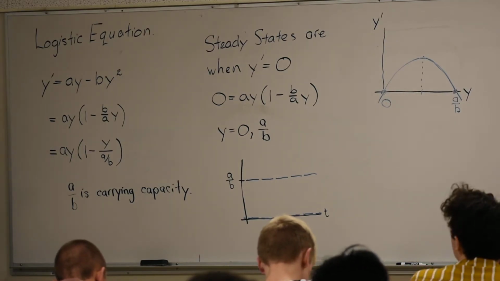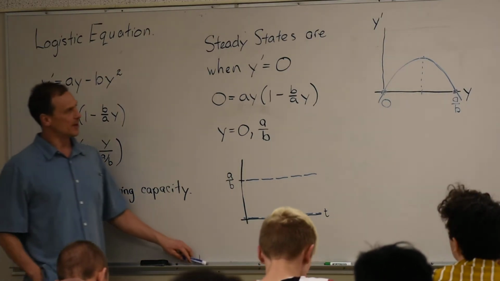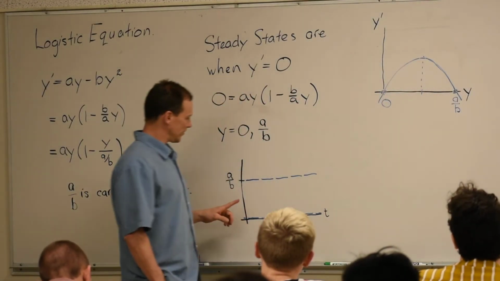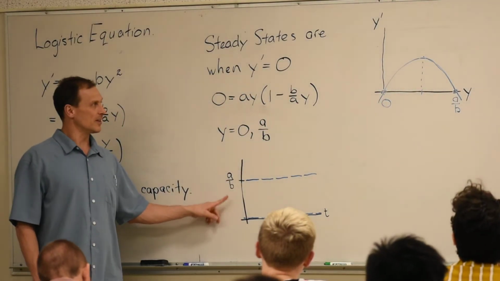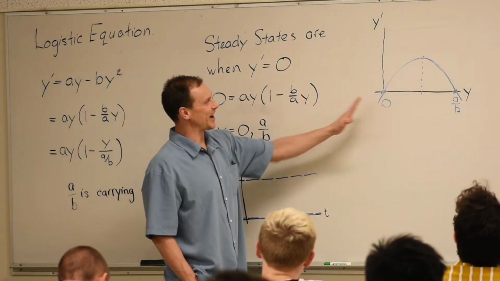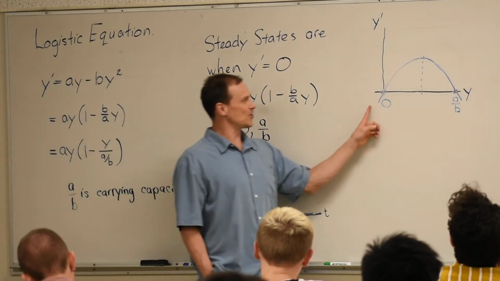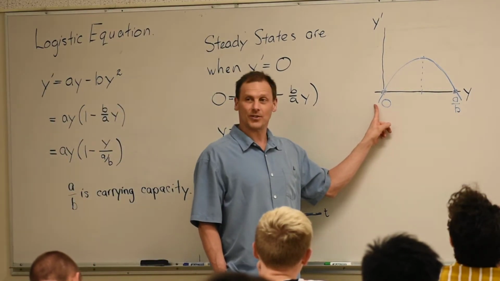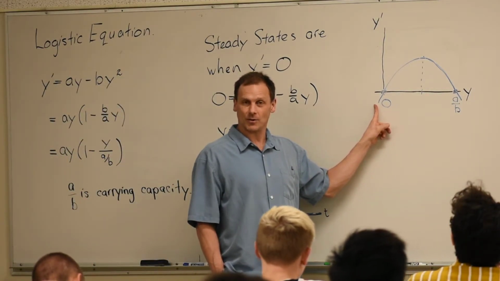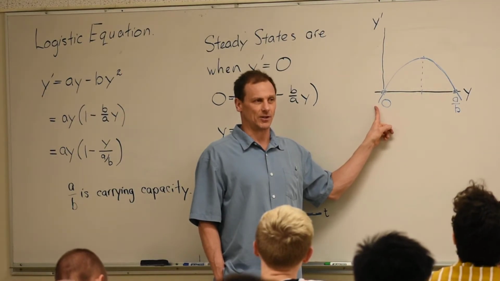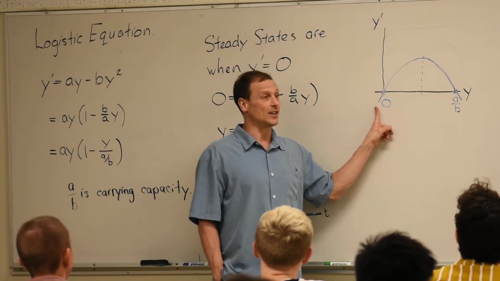So then we can use the knowledge of the derivative to graph the solution. Remember, this is just the graph of a derivative. If the derivative is below 0, meaning the values of the derivative are negative, what do you know about the solution in that region? It's decreasing, right?